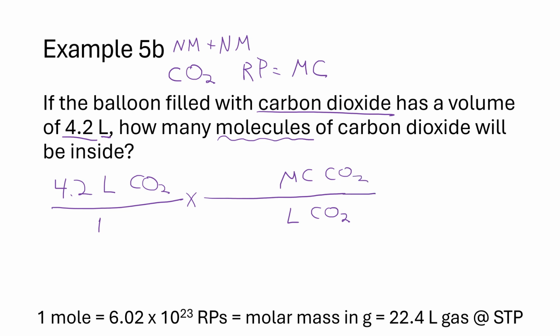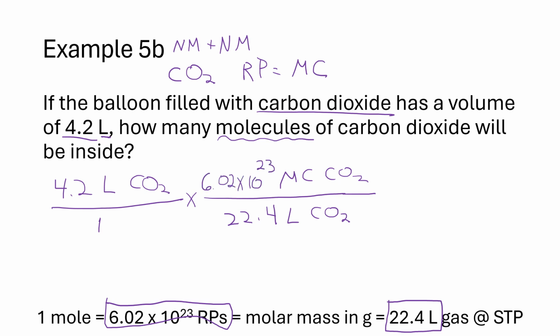And if I'm looking at what I have on our mole triangle, I've got 22.4 liters of a gas to go with liters. And with molecules, I've got 6.02 times 10 to the 23rd.